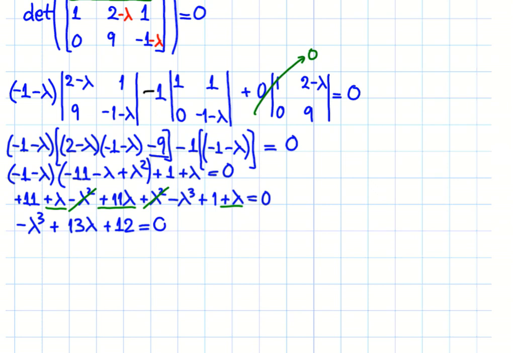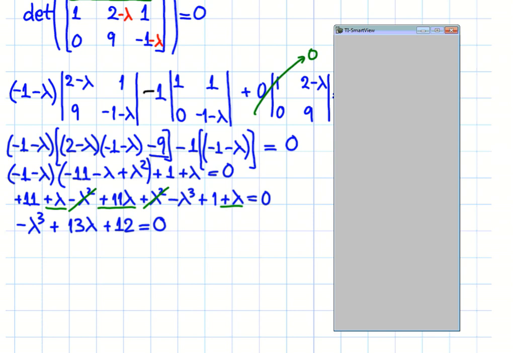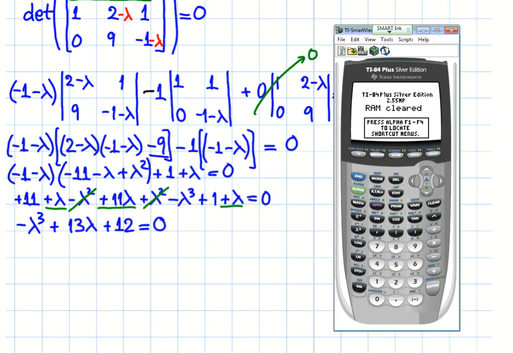Right. That is a cubic equation. We should use a calculator on this one because there's a cubic formula, but that's a bit complicated. I just enter the function in here, x instead of lambda, so negative x cubed plus 13x plus 12, and then hit graph.